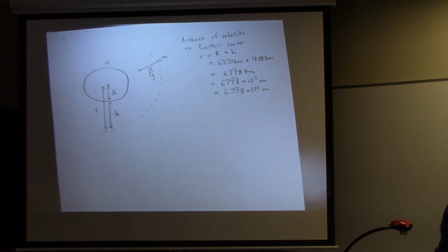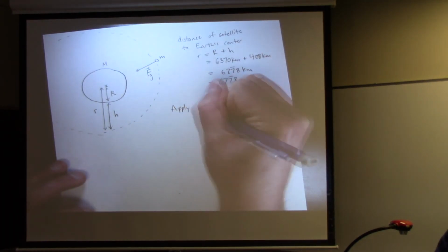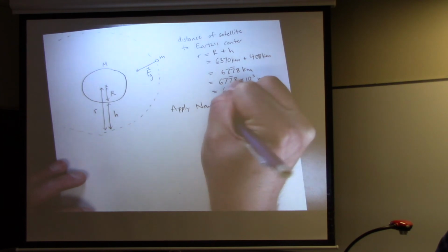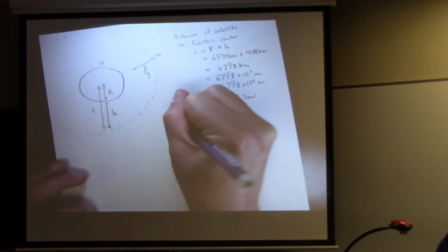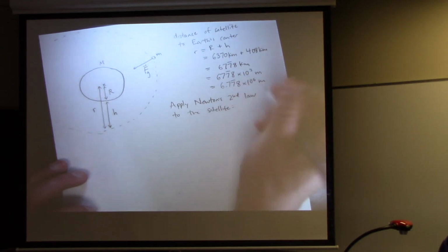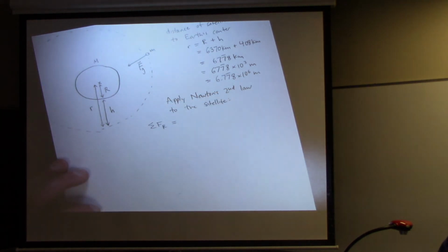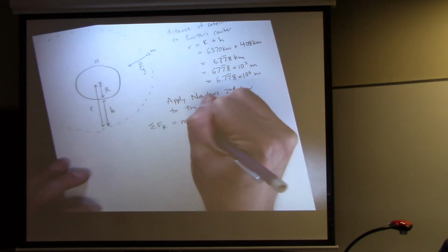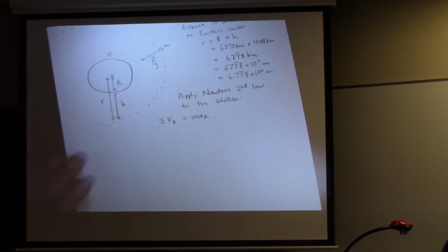Okay, so now what we're going to do is apply Newton's second law to the satellite, which says the net force in the radial direction is equal to the mass of the satellite times its acceleration in the radial direction. And the force is just gravity.